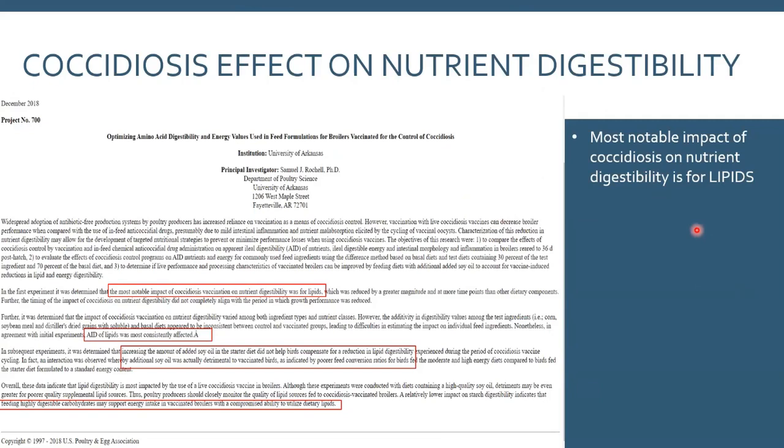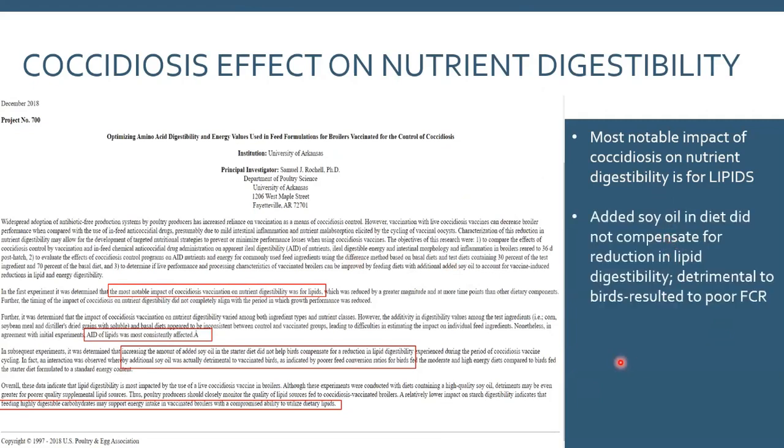The most notable impact of coccidiosis here was seen on the digestibility of lipids. This study shows that even when they added soy oil, a high quality oil source, to the diet, it did not compensate for the reduction in lipid digestibility. And in fact, it caused detrimental effects on the FCR of the birds.